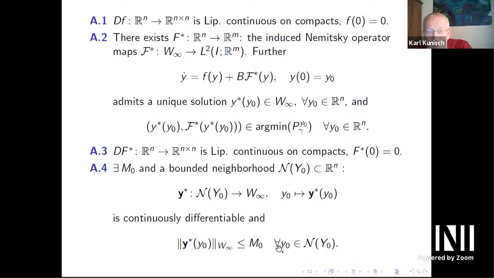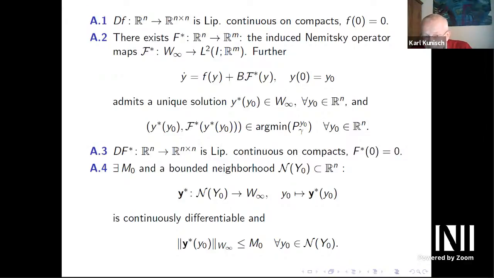Roughly one slide of all the assumptions. I'm sorry, I don't want to spare them. We want the gradient of f still to be Lipschitz continuous on compact subsets of the domain. f at 0 is of course 0. We want that there exists a feedback mapping from R^n into R^m such that the induced Nemytskii operator acts from W infinity to L2, and so that the corresponding closed loop systems admit unique solutions in W infinity, and that there in fact exist optimal state control pairs of our optimal control problem.